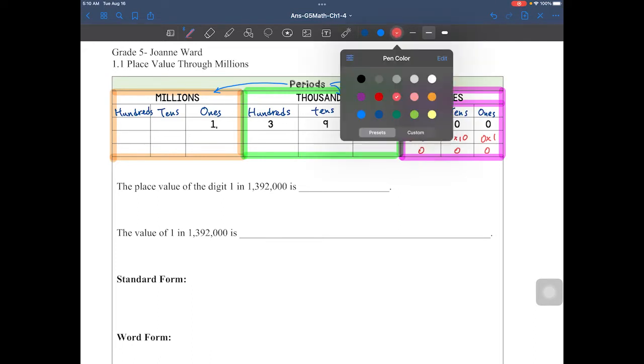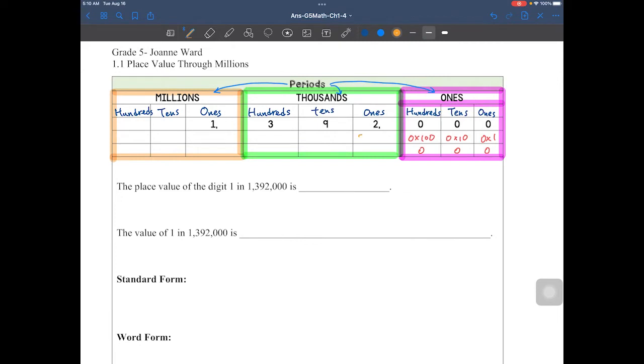This one I have 2, so 2 times 1,000. Here is 1,000, 10,000, 100,000. Then I have 9 times 10,000 and 3 times 100,000.